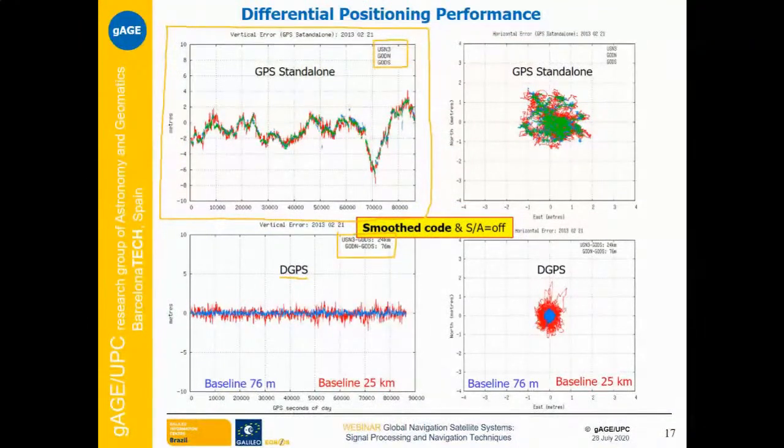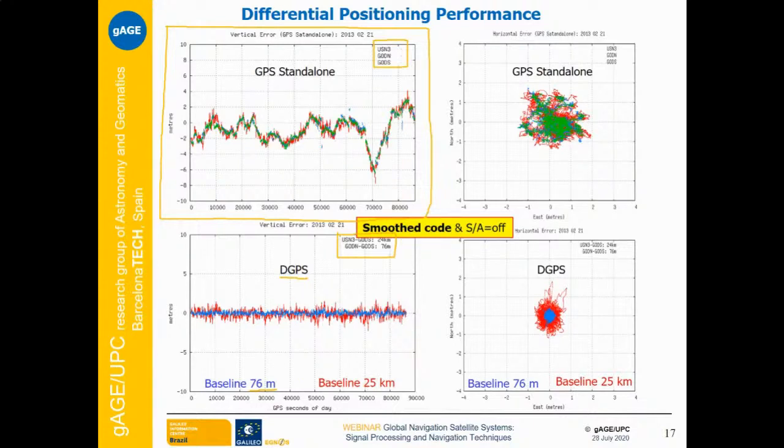Of course, for the receiver that is closer, we can see in blue the shorter distance that we call baseline. We can see that the errors are very cancelled, they are very eliminated.